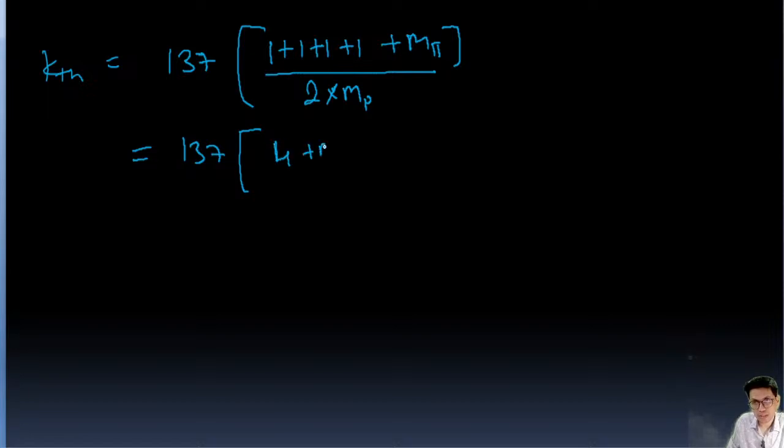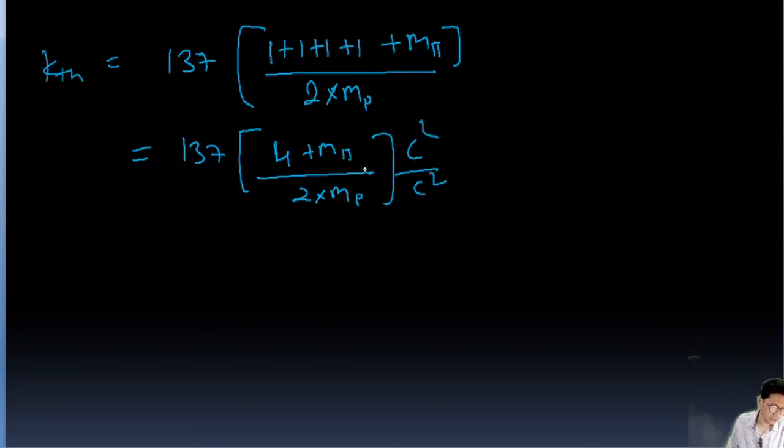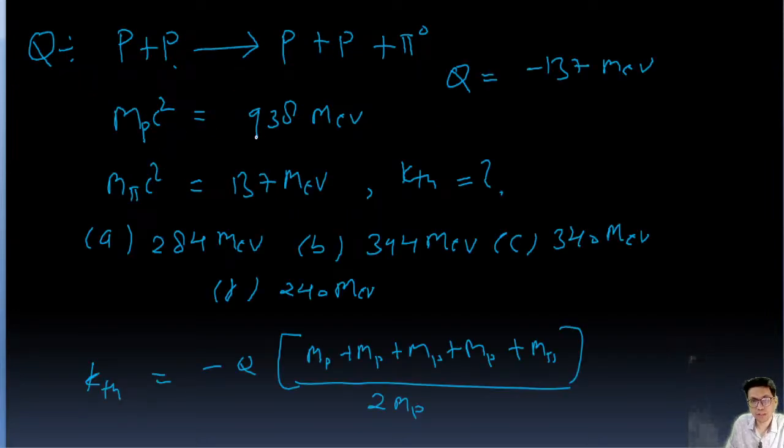Now this is going to be 137 into 4 plus M pi upon 2 into MP, and we'll multiply by C square in the numerator and denominator. Why are we doing that? Because we have been given MP C square and M pi C square values.